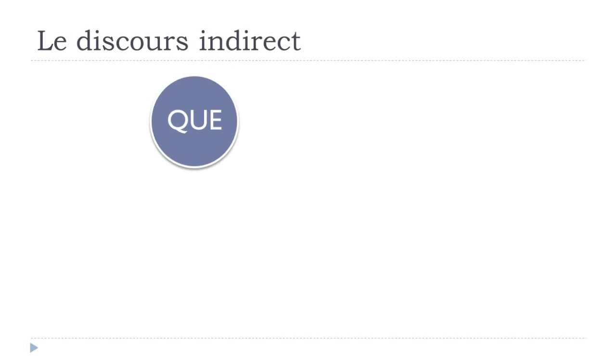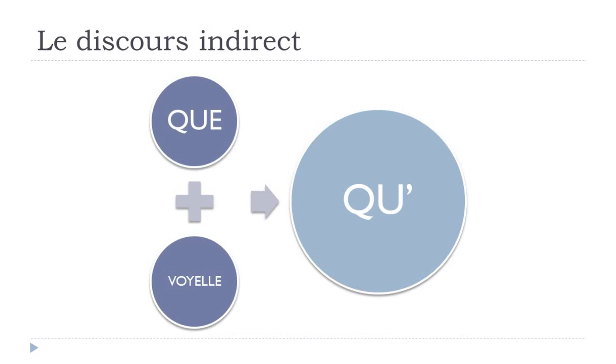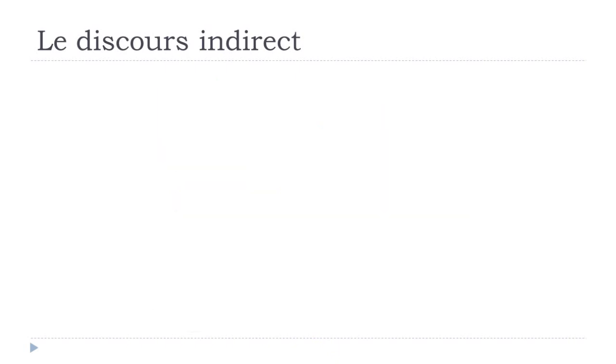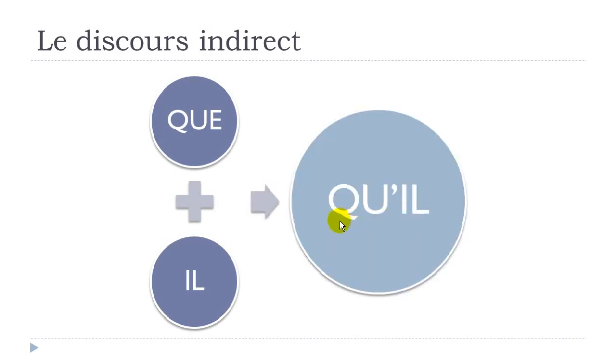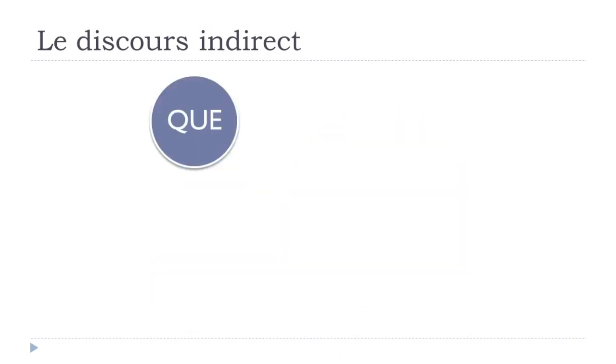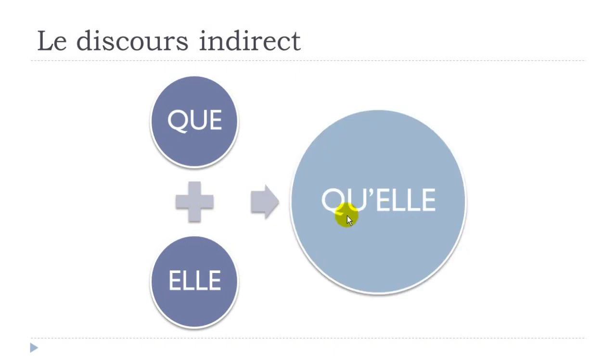Keep in mind that que, if it is combined with a vowel, will become qu', so the e needs to go away. The classical example that we had was que and il, becoming qu'il. It could be que and elle, and it will become qu'elle. Or if we're talking about first names that start with a vowel, it will be exactly the same thing.